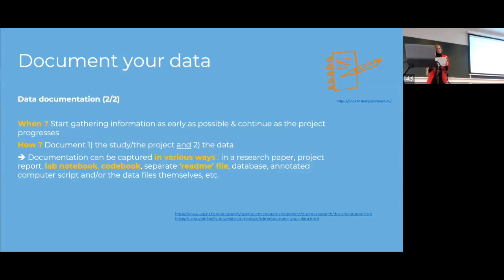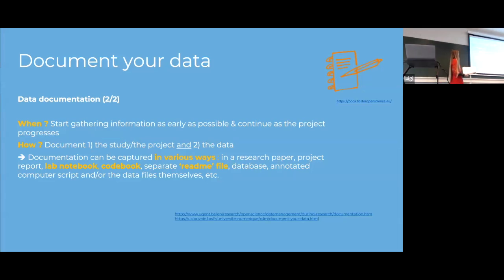When to start documenting your data? The principle is to start gathering information as early as possible in your research and continue as the project progresses, but as early as possible. And how to document it? The first step is to document the study, the project, all the context of the study and the project, and then specifically the data.